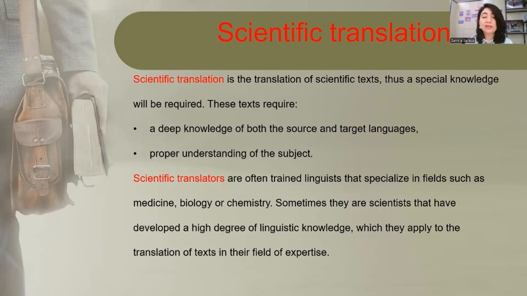Scientific translators are often trained linguists that specialize in fields such as medicine, biology, chemistry, physics, and many others. Sometimes they are scientists that have developed a high degree of linguistic knowledge, which they apply to the translation of text in their fields of expertise.